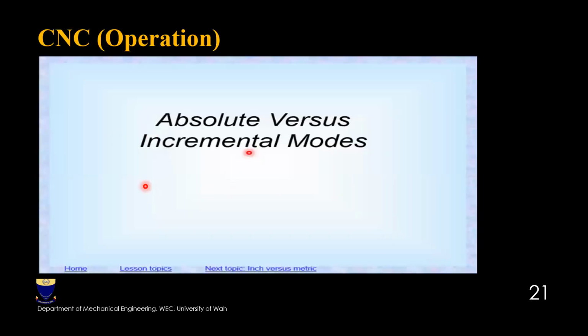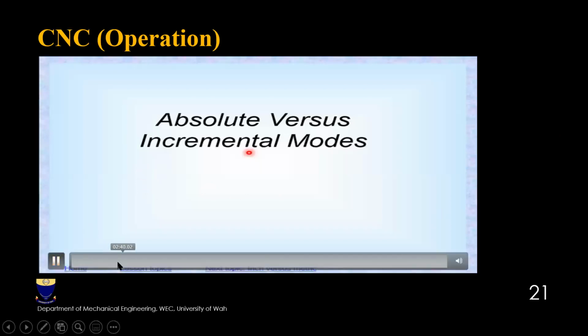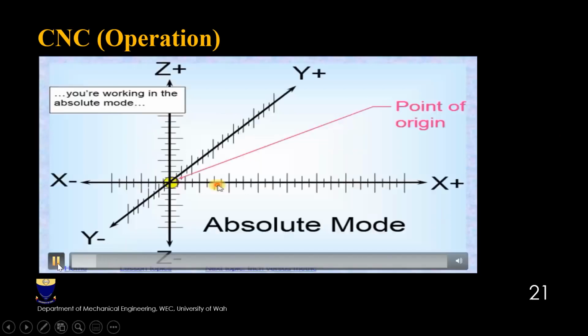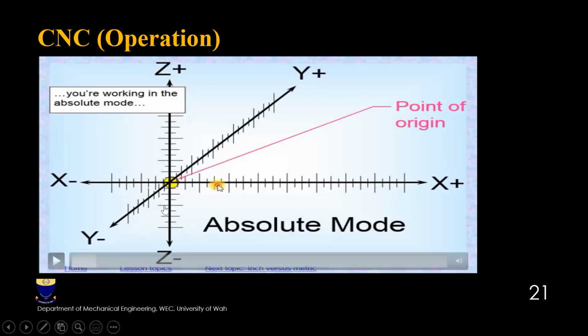This is basically the operation video in which the absolute and incremental modes can be understood more readily. So basically, this is the origin point, with the X and Y directions right on the machine surface or the bed of the machine, where Z is the depth in the CNC.